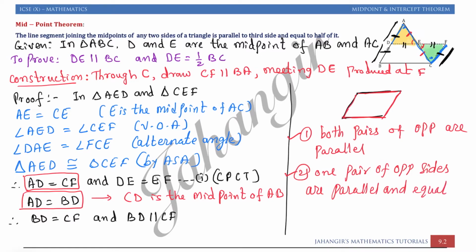In both cases you can say the figure is a parallelogram. So here we got one pair of opposite sides parallel and equal, so we can say it is a parallelogram. Which is the parallelogram?